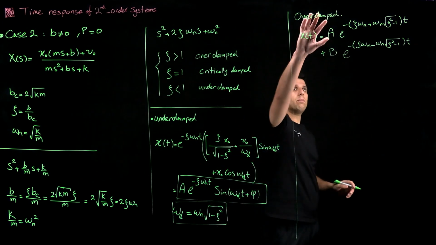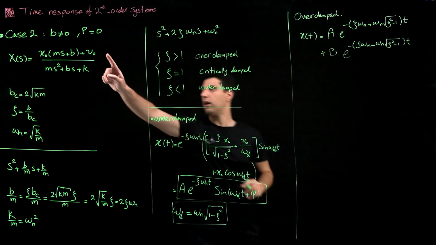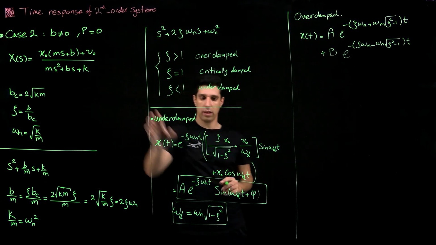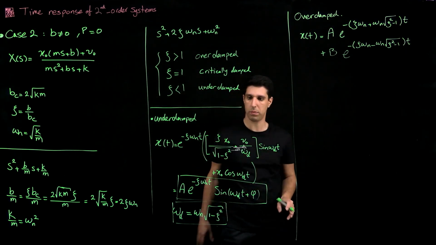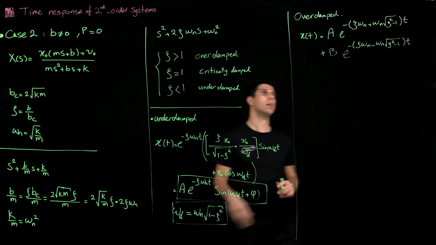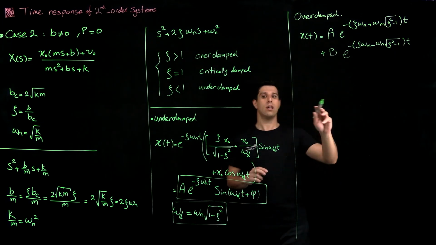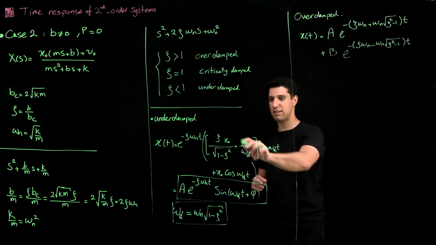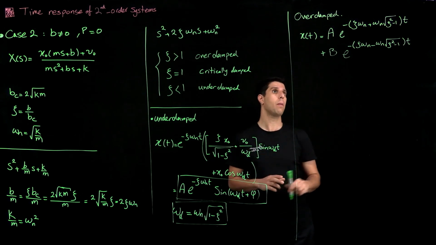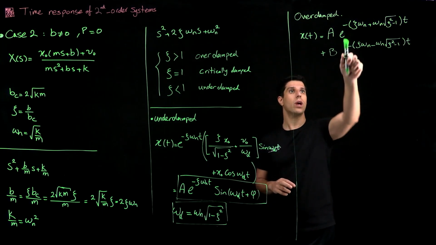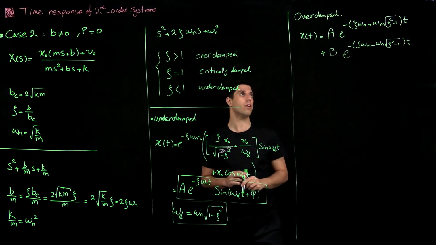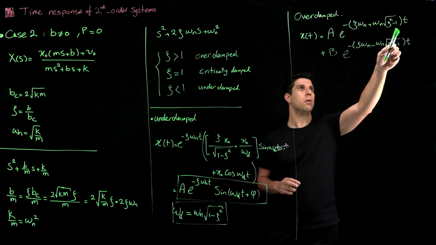So this a and b are constants that depend on x0 and v0, similar to here, but they are bigger in terms of shape. The function is not as simple as that, a little bigger. And we have two exponential decaying functions with some rate.